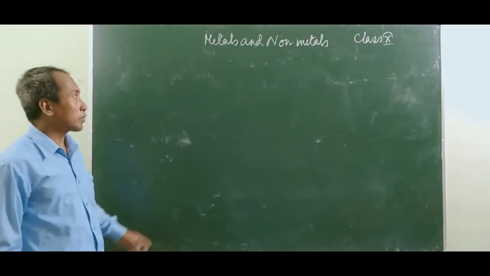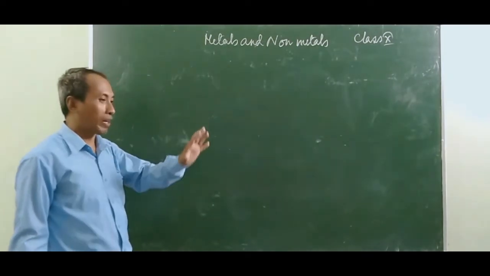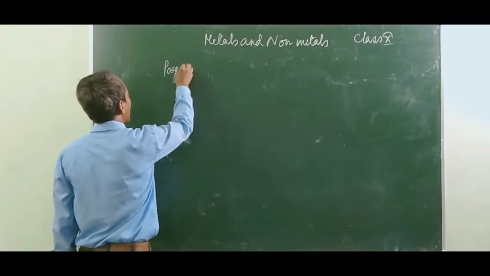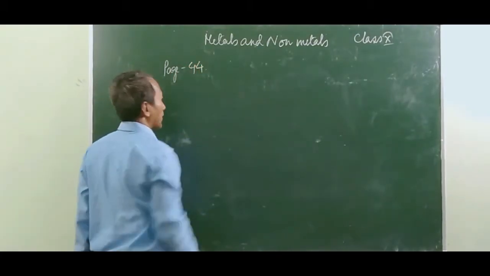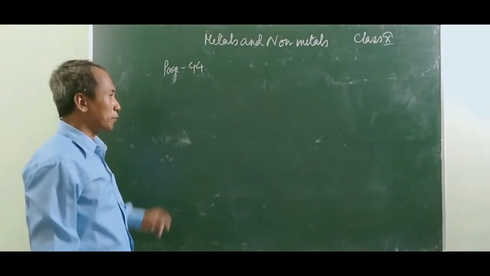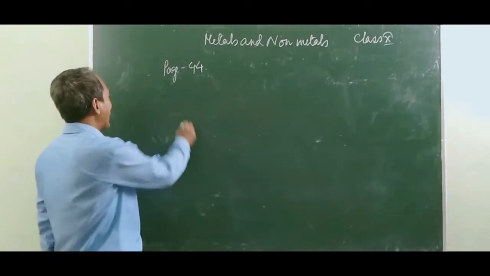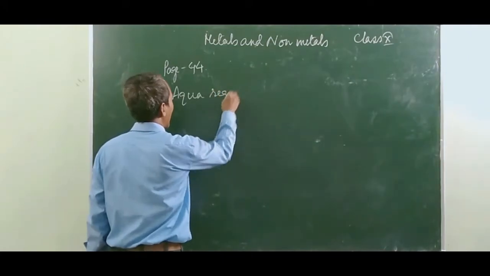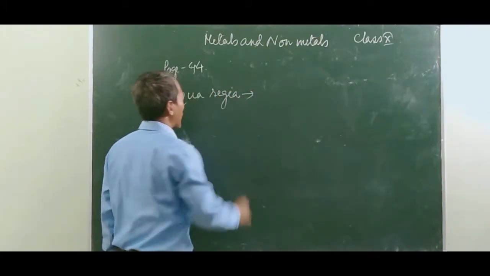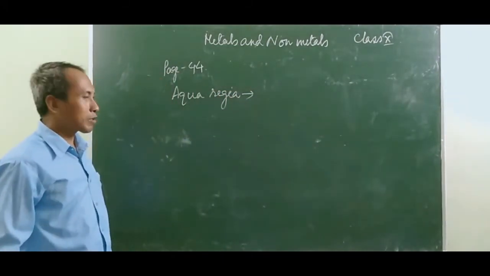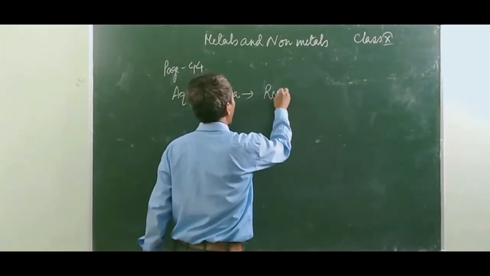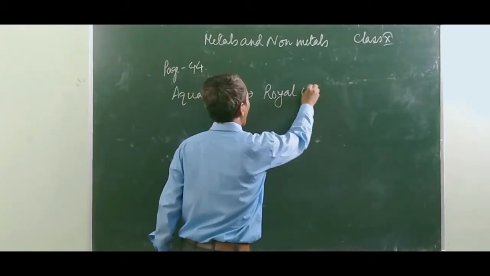Now let us come to the topic called Aqua Regia. Open your page number 44. There is a topic called Aqua Regia. What is this Aqua Regia? In the Latin language, it is called royal water.